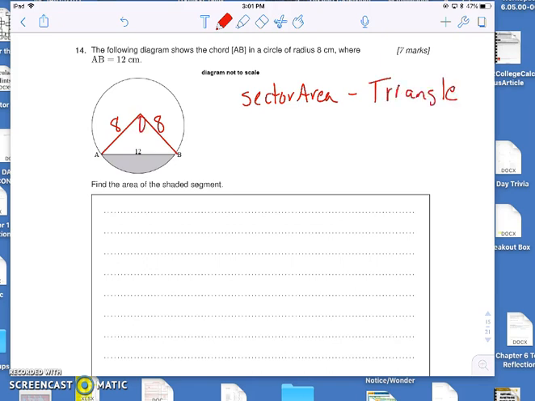So we need to figure out that theta. So again, we could say a sector area, theta over 360 times pi r squared, so pi times 8 squared, minus our triangle. The area for a triangle is 1/2 2 sides times the sine of that angle in the middle.